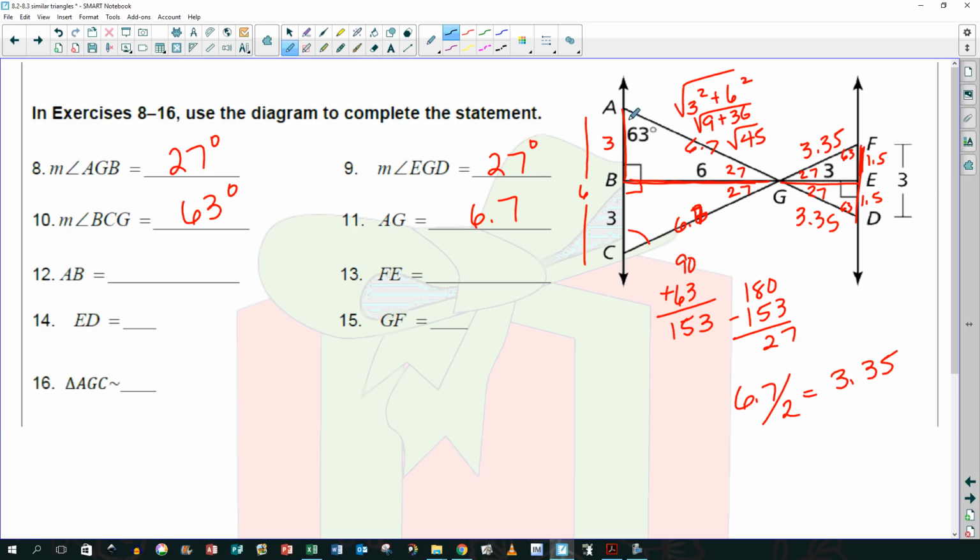AB is this piece here, which is 3. FE is 1.5. ED is 1.5. GF is 3.35. So triangle AGC is similar, so AGC. So I'm going to go with DGF.